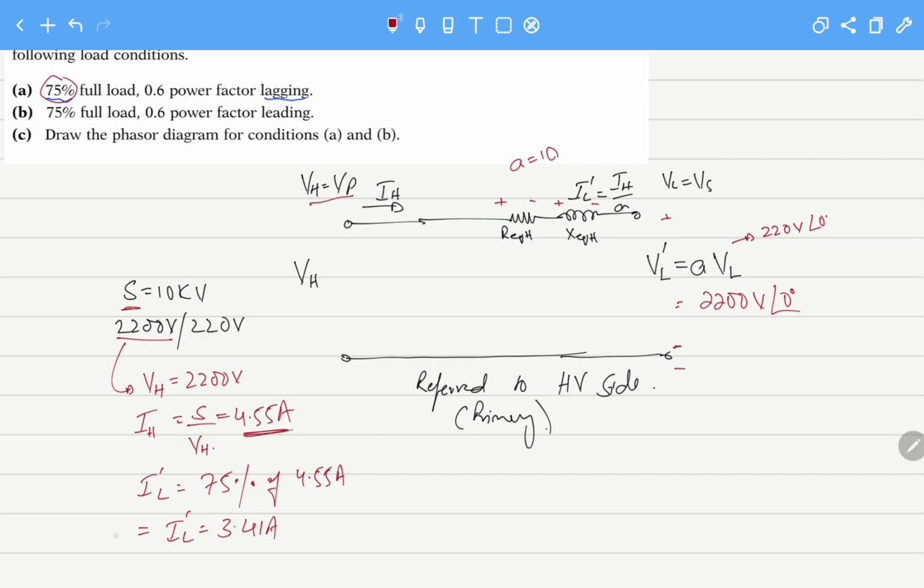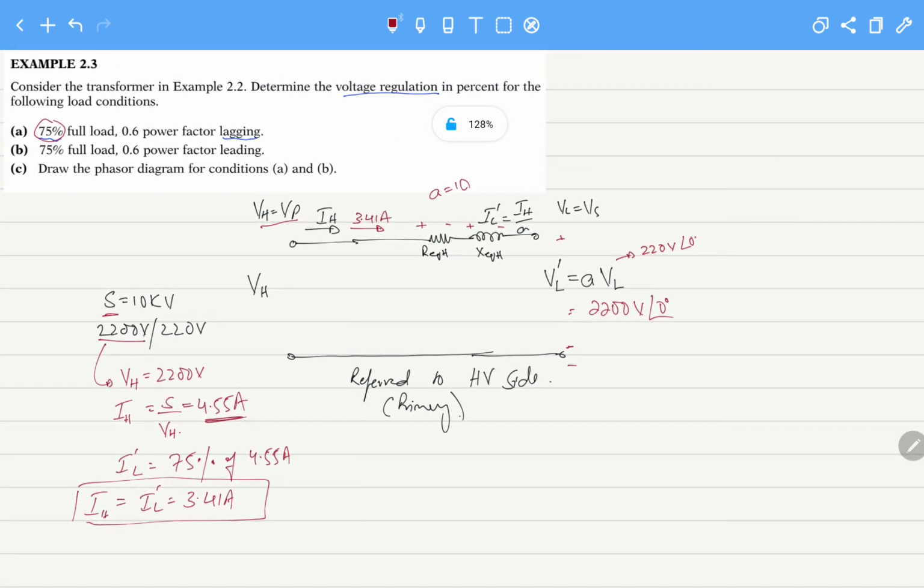This is the IH. This will be the current for which we have to calculate. So the current flowing in this area, at 75% of the total load, is 3.41 amperes. And the rest you know how to calculate.